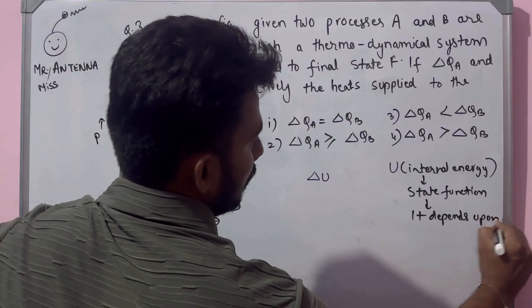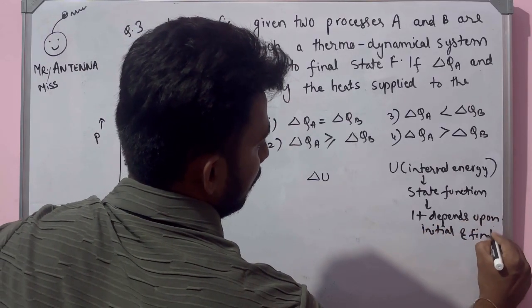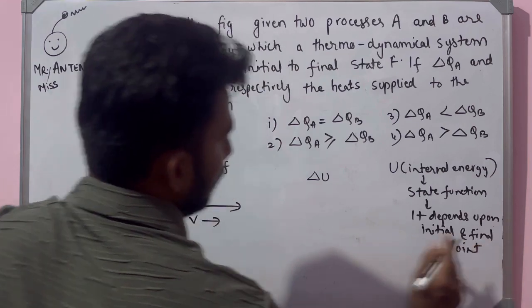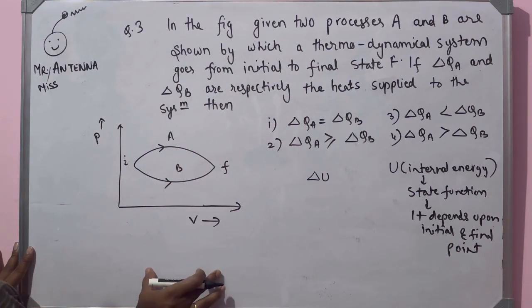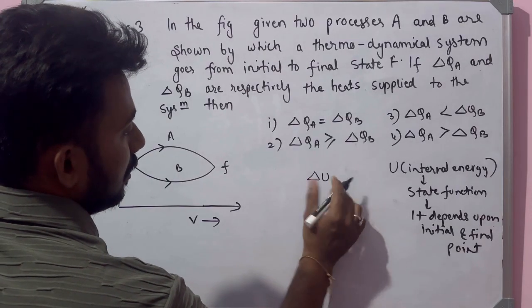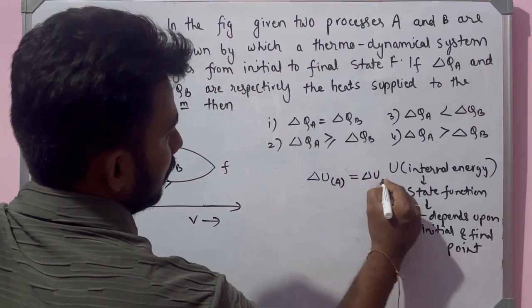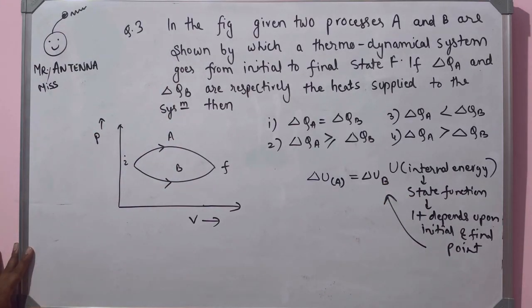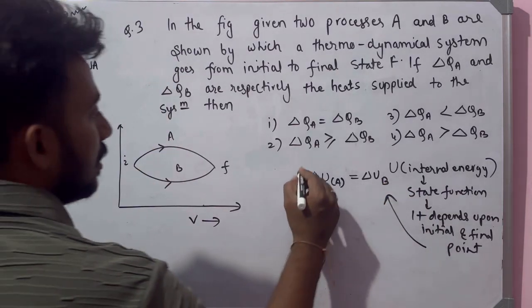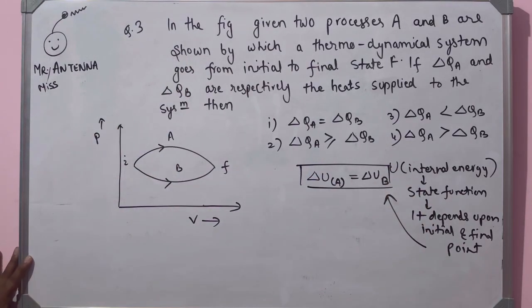If I go along A or B, my initial and final point both are same. So can I say change in internal energy along A will be equal to change in internal energy along B, because it depends upon initial and final point. So along both the processes, my change in internal energy is going to remain constant. Simple. ठीक है.